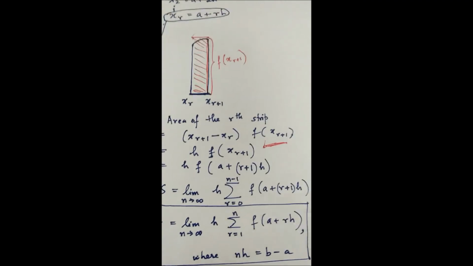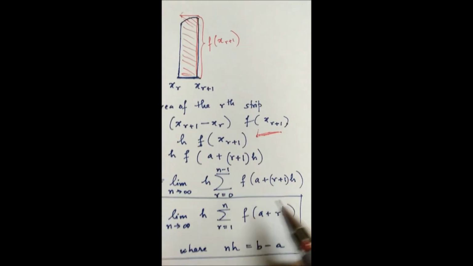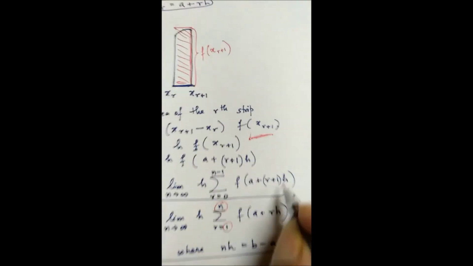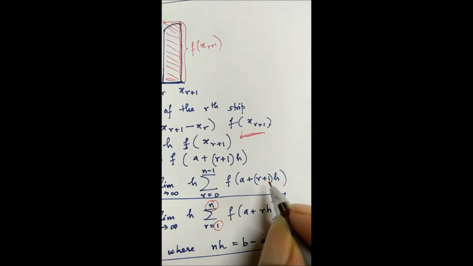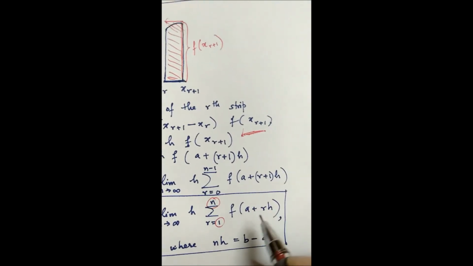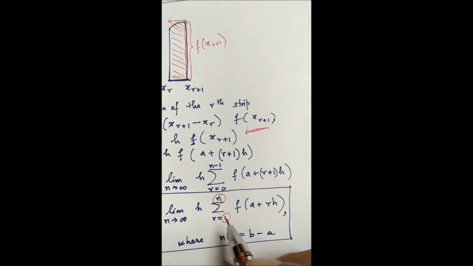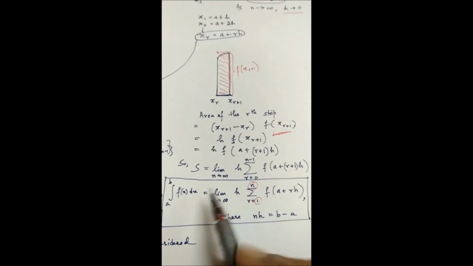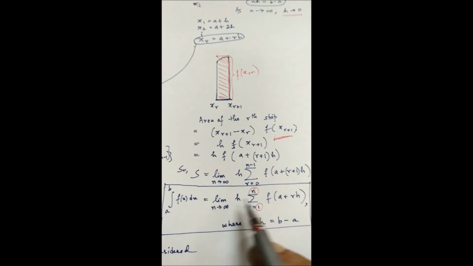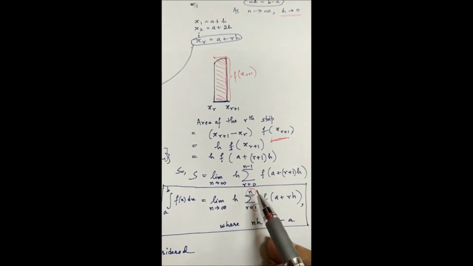So we have this, and the summation will be like this. Note that instead of writing r plus 1 running from 0 to n minus 1, we have changed the limit. We have replaced it by r. So now the limit runs from 1 to n. So this is also another expression of the integral a to b f of x dx. Similar looking, only difference, the limits of the sum.